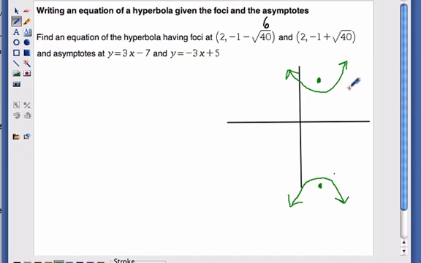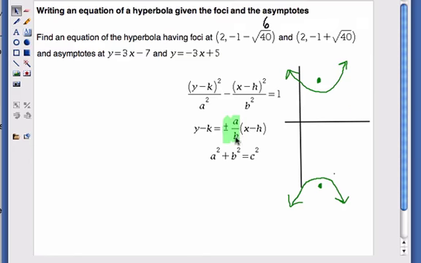So we want to use the equation that starts with (y minus k) quantity squared. All right, so here are the formulas we're going to use. Let's first of all find the center. Now remember, the center is the midpoint of these two foci values that we were given. We can see that the x coordinates are the same, so when we add these two values together and divide by 2, it's going to give us 2 back.